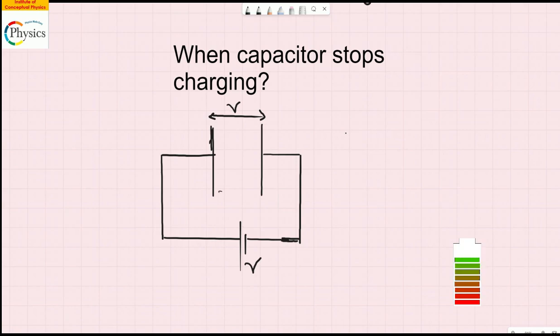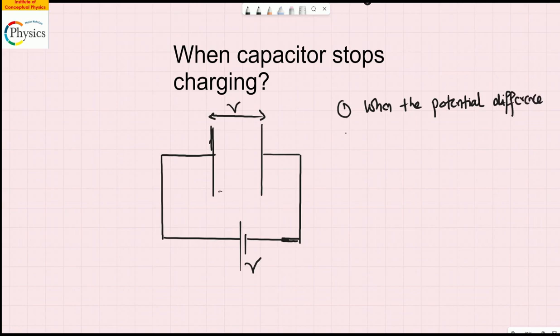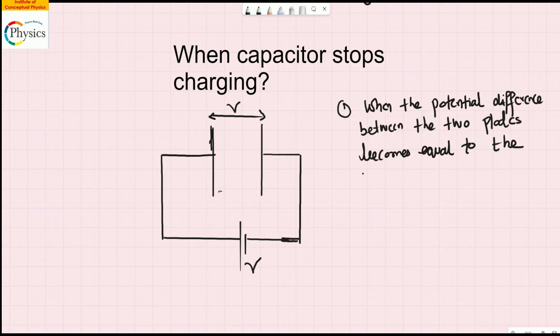So the capacitor stops charging, number one, when the potential difference between the two plates where the charge accumulates becomes equal to the battery's potential difference, or the EMF.